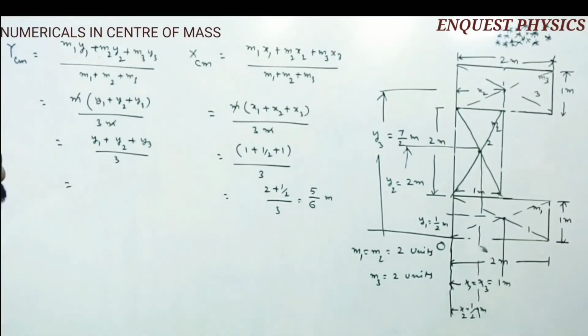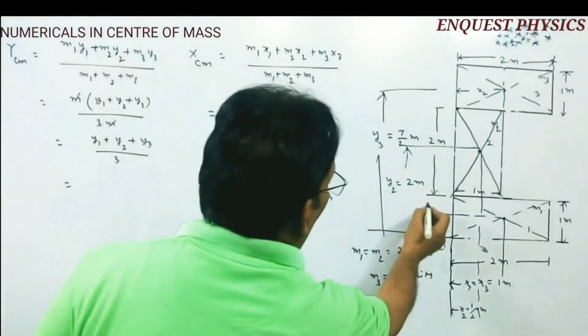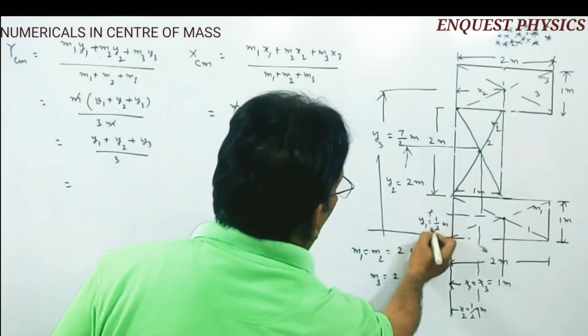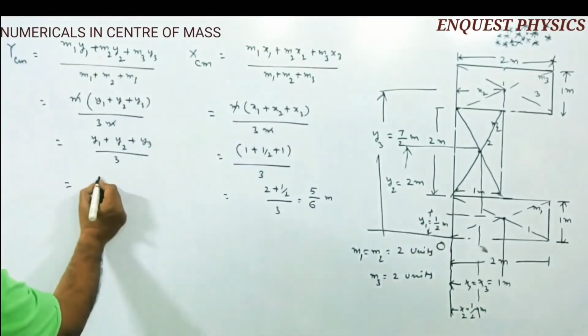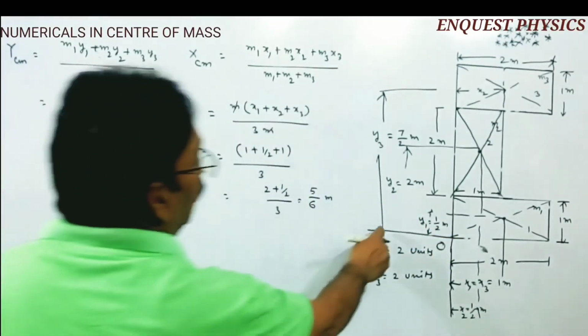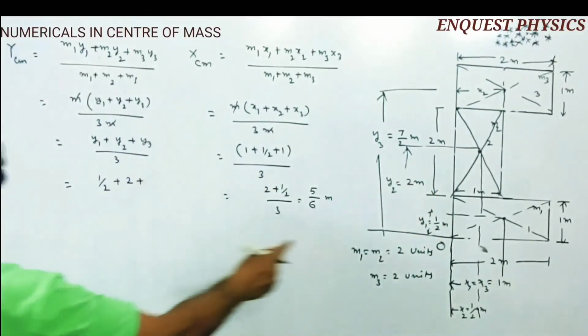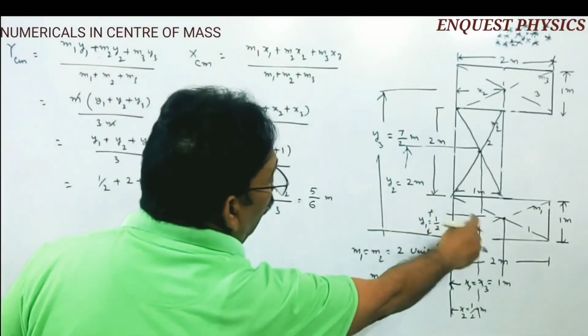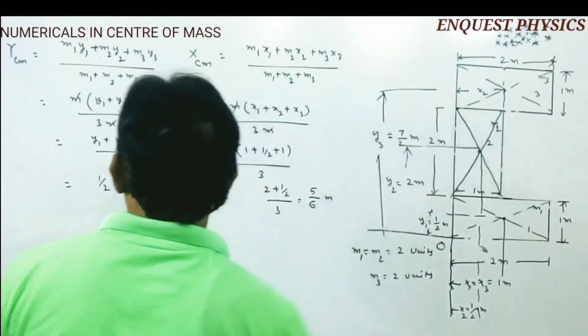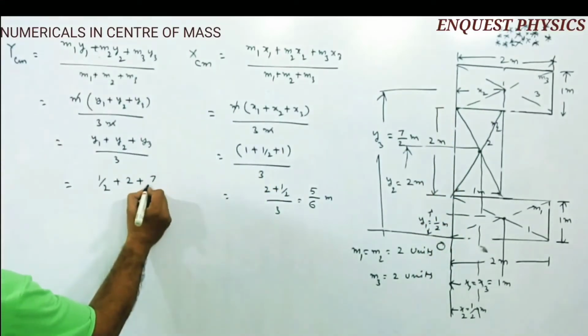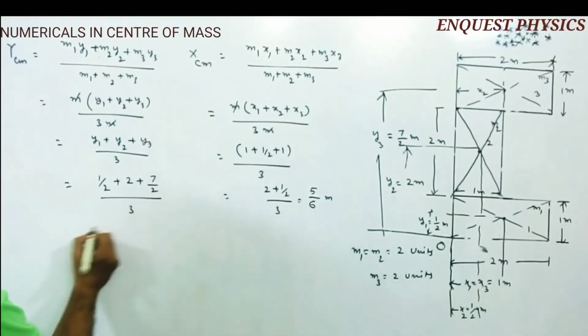Let's take y1. y1 is equal to half. Okay, half plus y2, 1 plus 1, 2 meter, plus y3, 1 plus 2, 3, 3 and a half means 7 by 2, by 3.